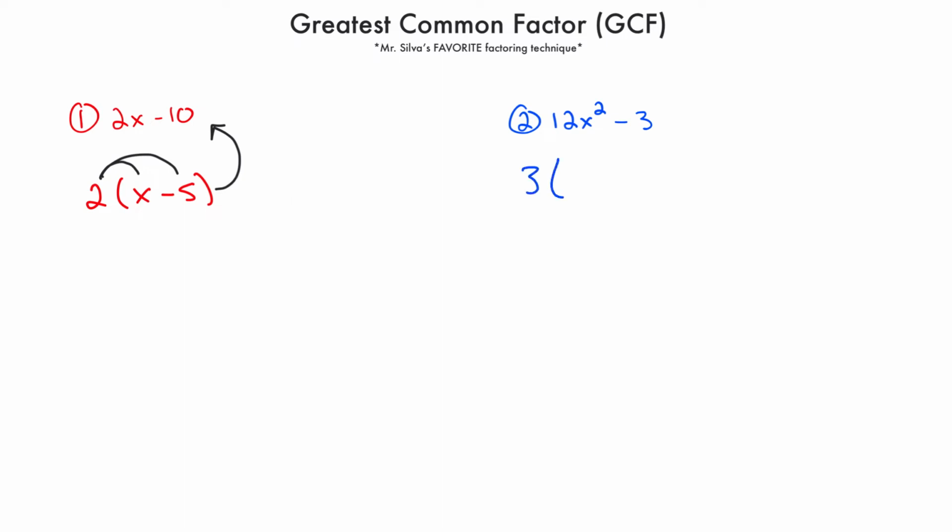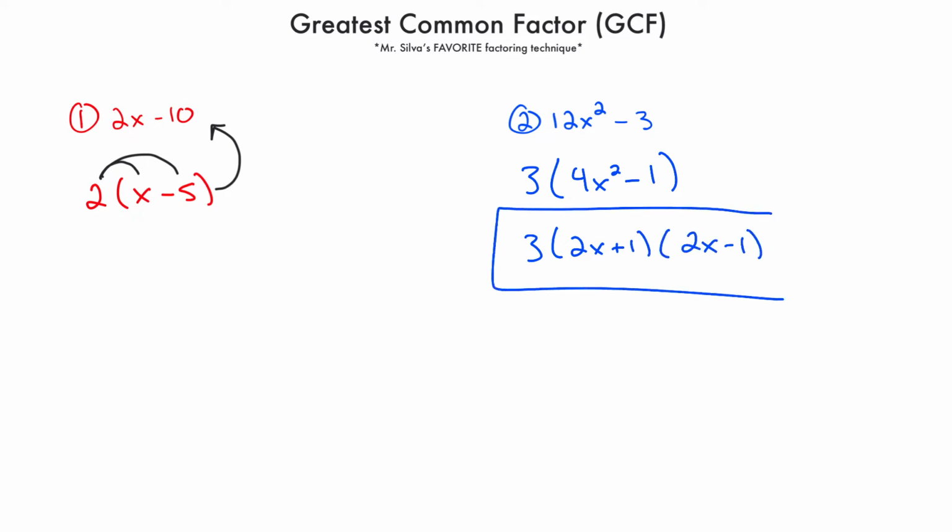I'll get 3 times the quantity of 4x squared minus 1. And now all of a sudden that stuff that's in the parentheses, that's a difference of squares. That's factorable again.